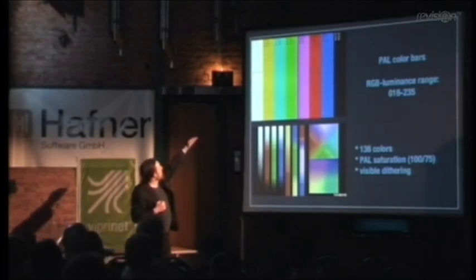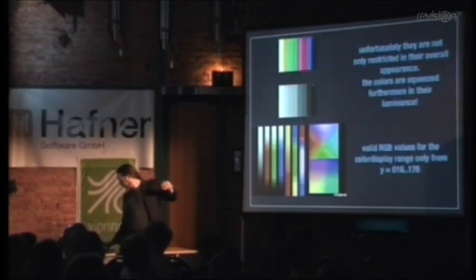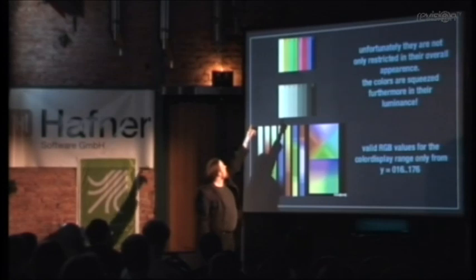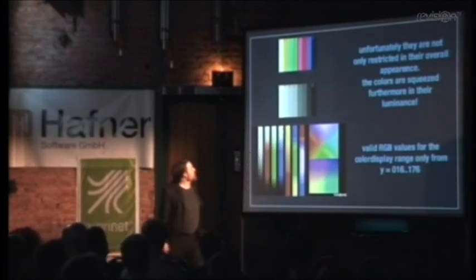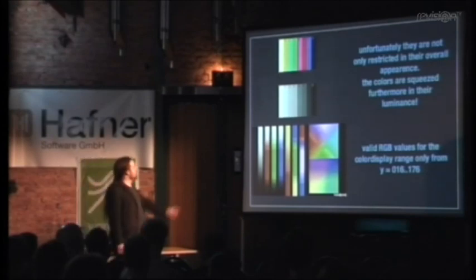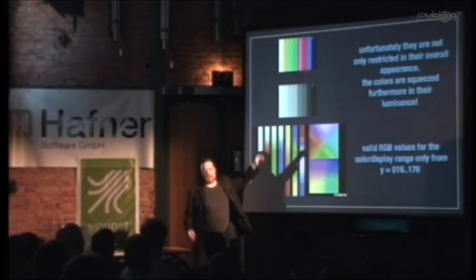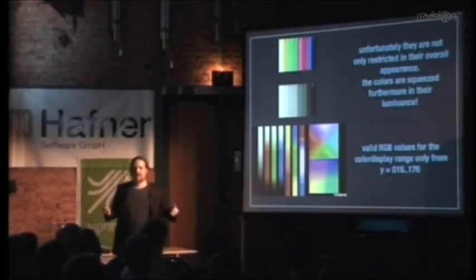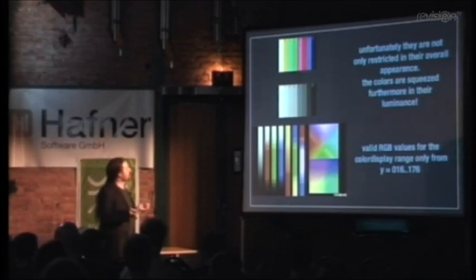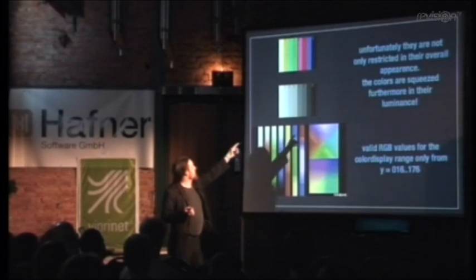Okay, so we go on here. I converted the color bars to a grayscale image, and we see here that white and black are quite strong in their appearance, but the colors are not as bright as the extremes.